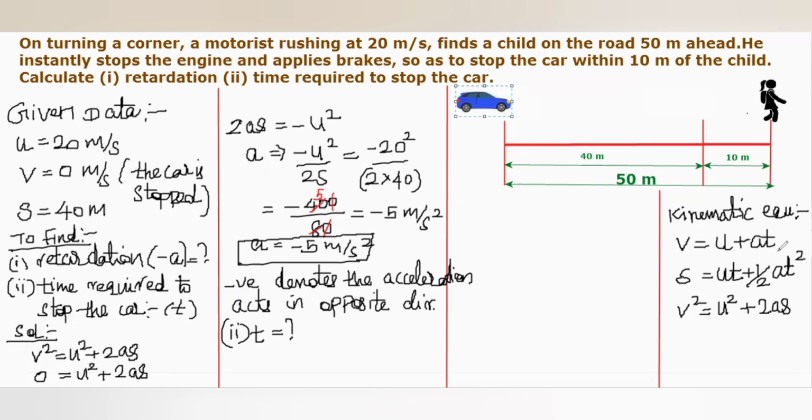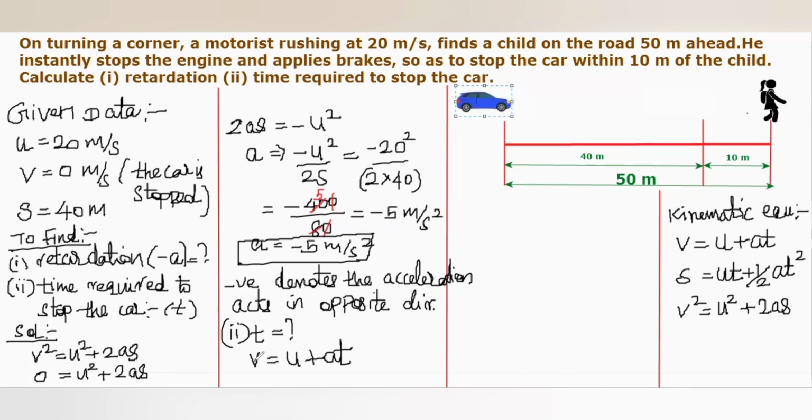So we have to find only the time. So we can use this relation. I'm going to use the first equation, that is v equal u plus at, and we are going to find that time only here.